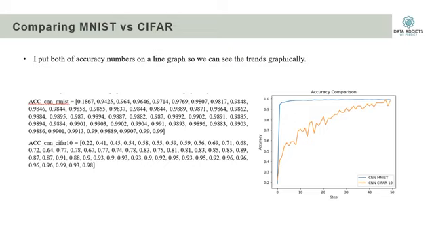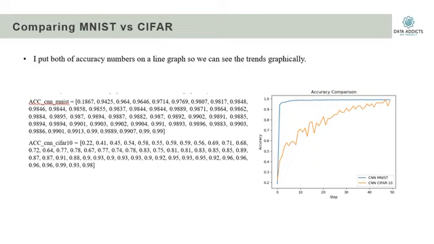In this section, I'm going to compare my results from this model with the results in homework assignment 4. The dataset there was MNIST, and the dataset that I'm using today is CIFAR. So I'm going to compare the accuracy results that I got from my models together.